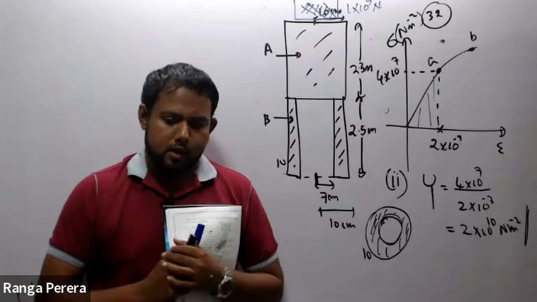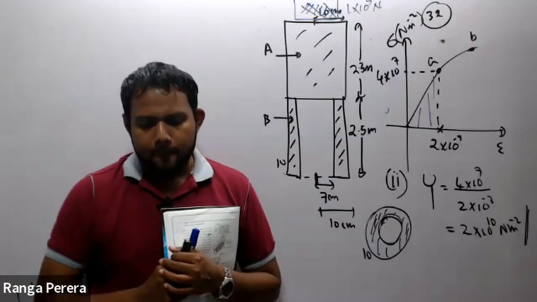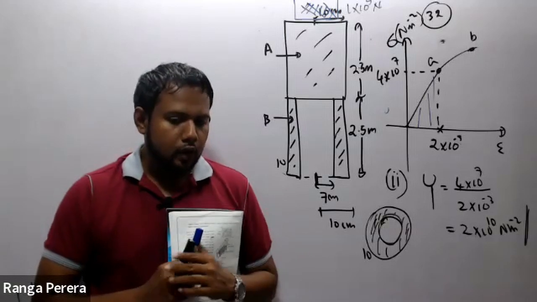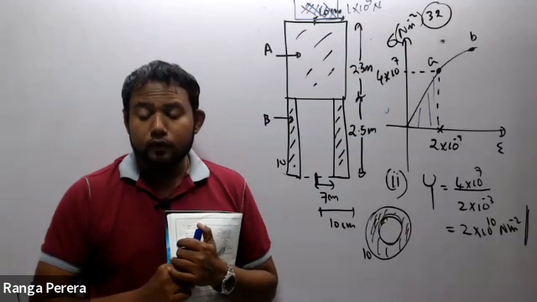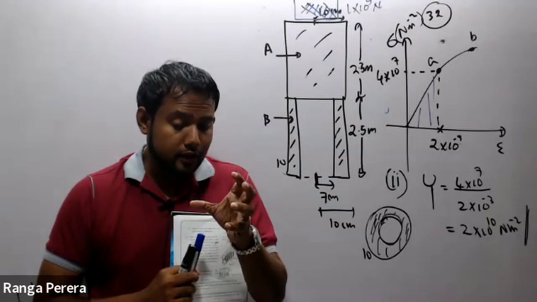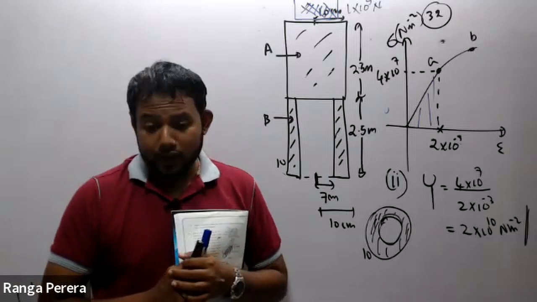Either A or B? The hollow one, exactly. I should consider the hollow one first because the area is limited there. The area is less than the area of A.